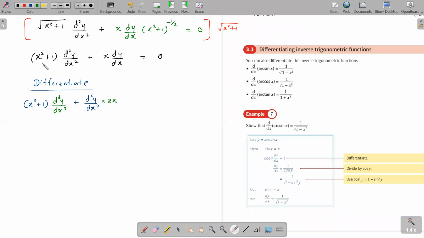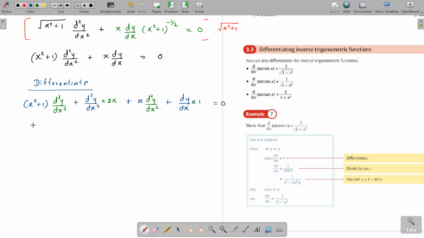I don't need to put the plus 0, right? Basically just 2x. That's done. Now apply the product rule for the other guy. Here plus the x is waiting, dy by dx differentiates to give you d square y by dx square. And then plus now the dy by dx waits while x differentiates to give you 1. The x differentiates to give you 1, equals the differentiation of 0, which is 0.